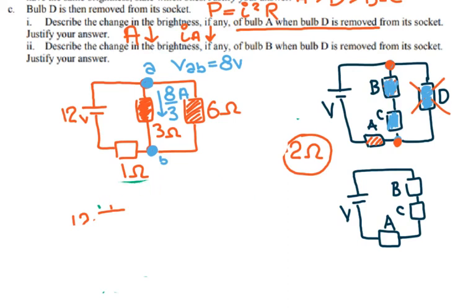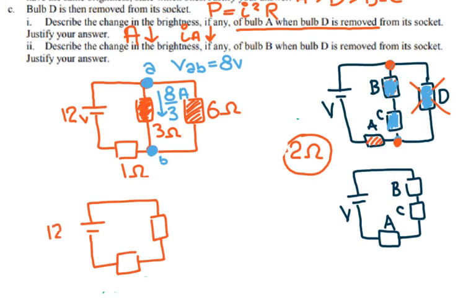And now that I know this part, I'm going to redraw the circuit without the 6 ohm resistor. So I have 12 volts, a 1 ohm resistor, and a 3 ohm resistor.